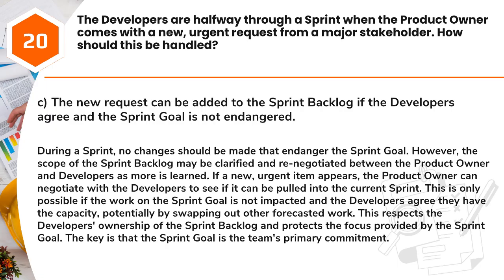This is only possible if the work on the sprint goal is not impacted and the developers agree they have the capacity, potentially by swapping out other forecasted work. This respects the developer's ownership of the sprint backlog and protects the focus provided by the sprint goal. The key is that the sprint goal is the team's primary commitment.